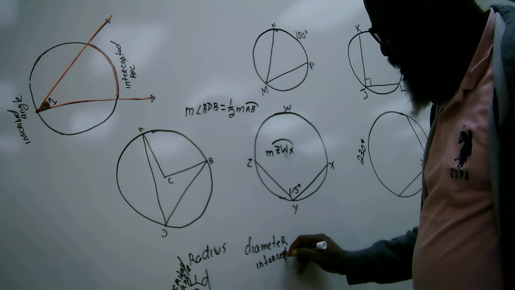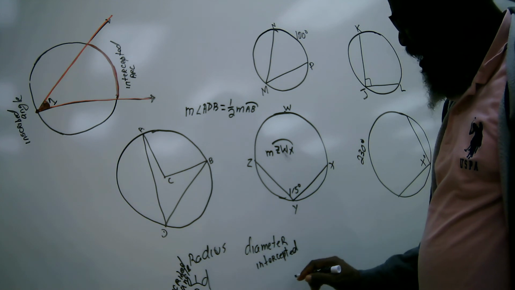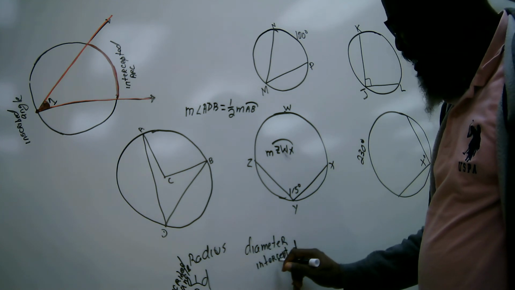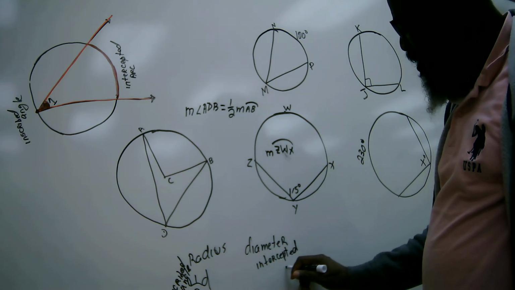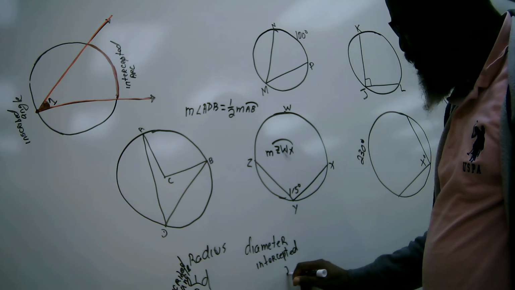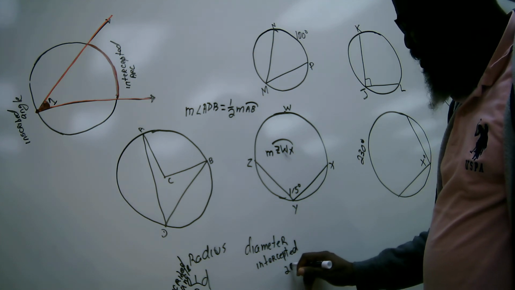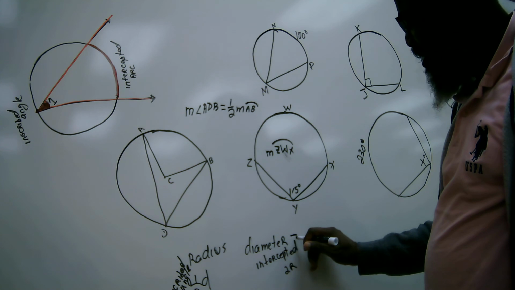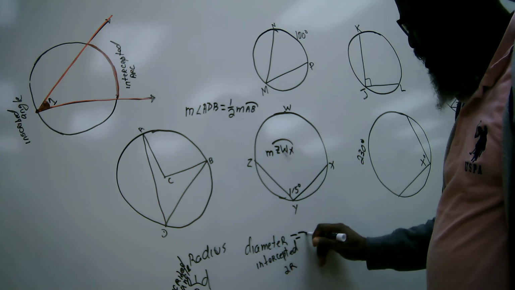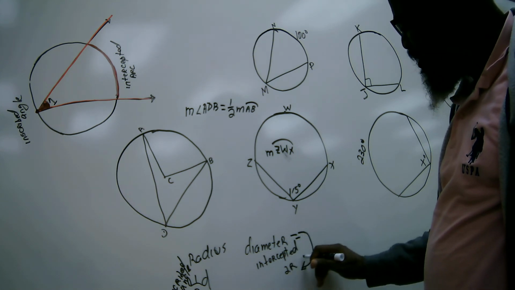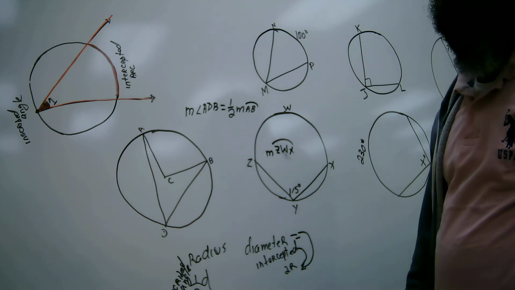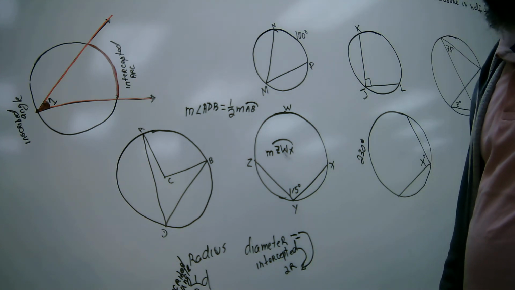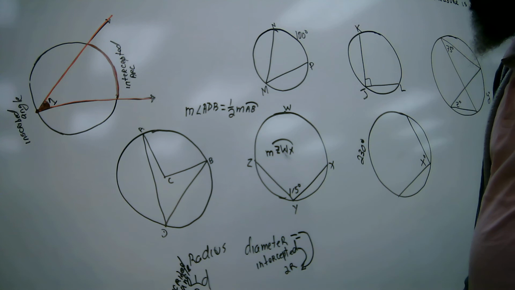When you're looking for the intercepted arc, whatever the inscribed angle is, you multiply it by 2. Therefore, that will be 2r. Remember, diameter is 2r. So the intercepted arc is 2 times as much as the inscribed angle. Those are the relationships that you have to create.